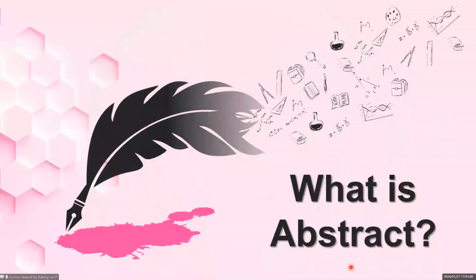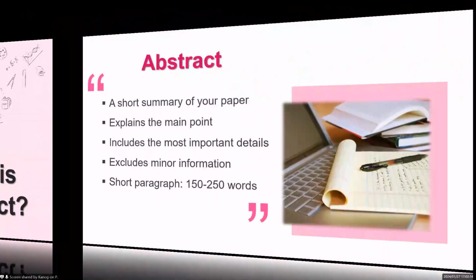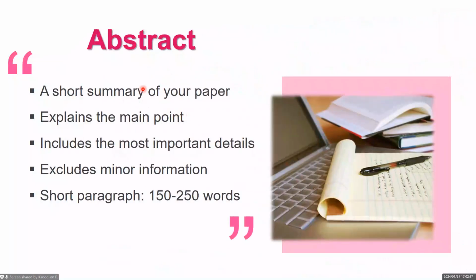First thing is, what is an abstract? I think most of you might have commonly heard it. I need to write an abstract. And you might think an abstract is something not very long, very short, like a summary of your research paper. So that is correct. An abstract is a short summary of your paper. Mostly an abstract is just like one A4 page.